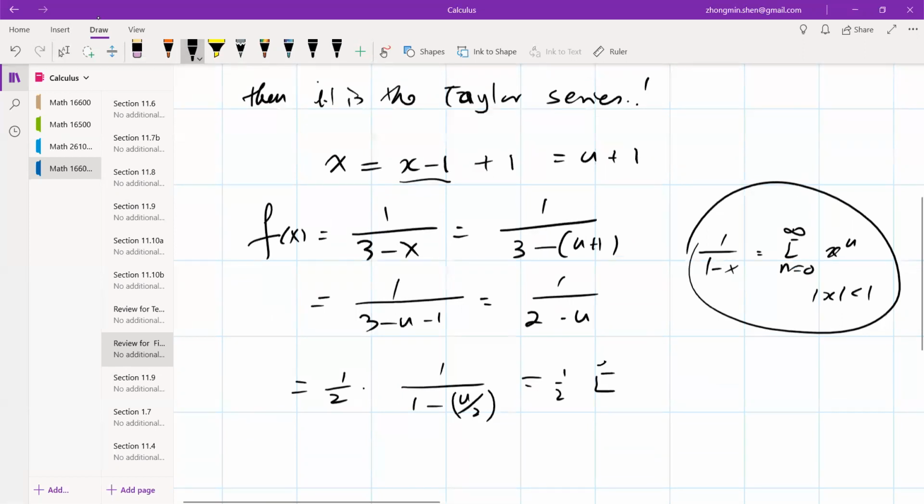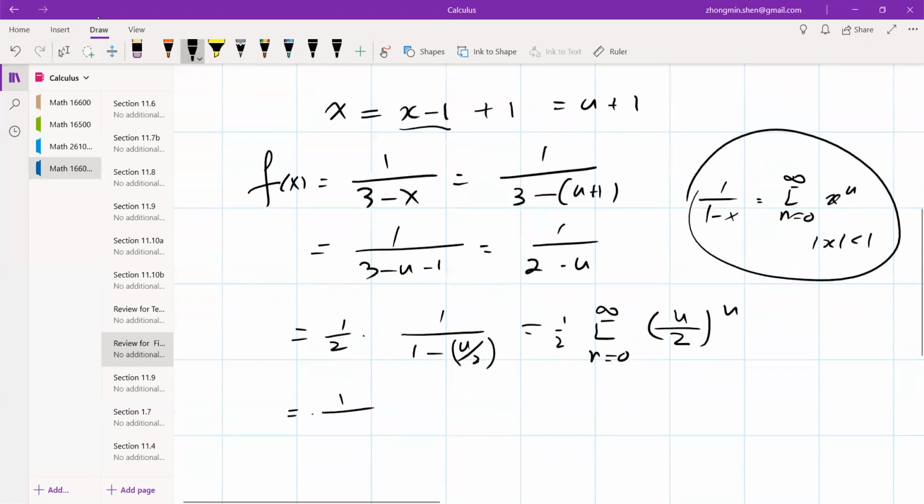And the 1/2, and this is going to be half of u to the power n. Then you will get 1 over 2 to the n plus 1 and u to the n. Sorry, the 1/2 should be outside.